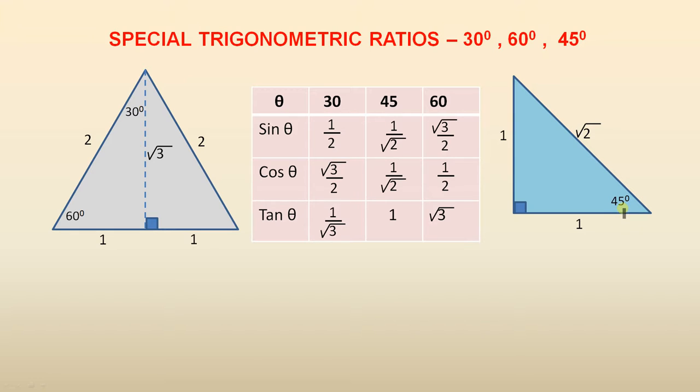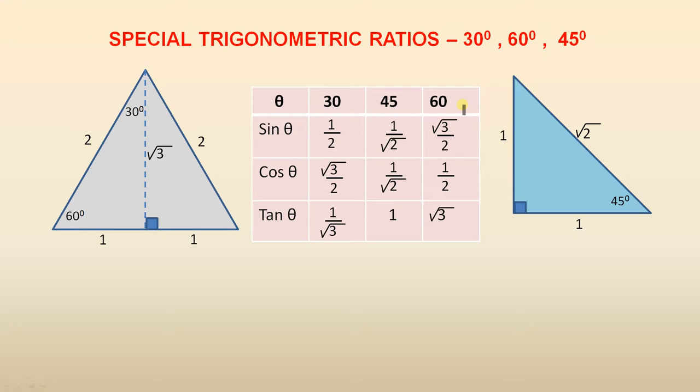So again, using Pythagoras' theorem, we can work out that the hypotenuse is the square root of 2. So the sine of 45 is 1 over the square root of 2, which is opposite over hypotenuse. The cos of 45 is 1 over the square root of 2, which is adjacent over hypotenuse. And the tan of 45 is 1, opposite over adjacent.